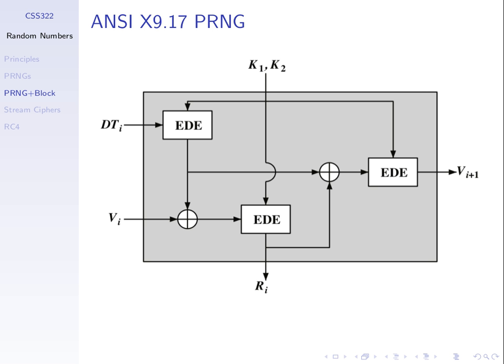So if we need to generate another 64 bits of random output, we'll just do this again. Same key value, but the difference will be this input here. That is, the next time we do it, this will be the input here. So we'll get a different random R coming out here.